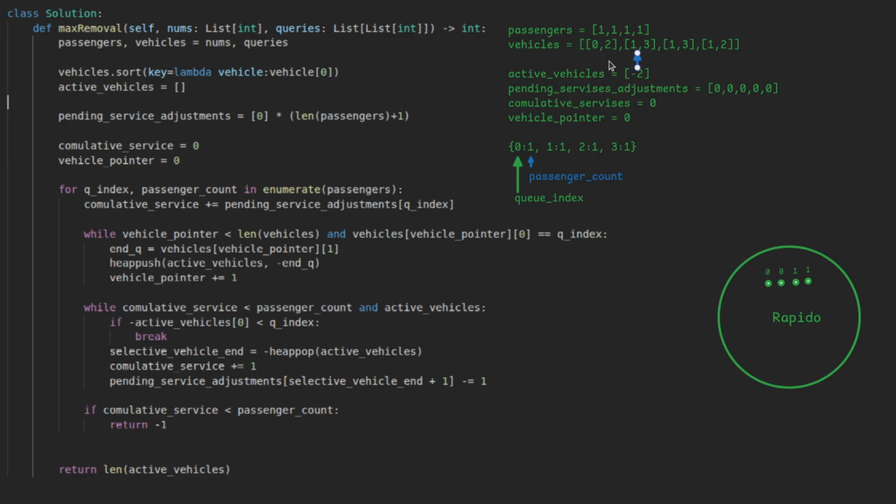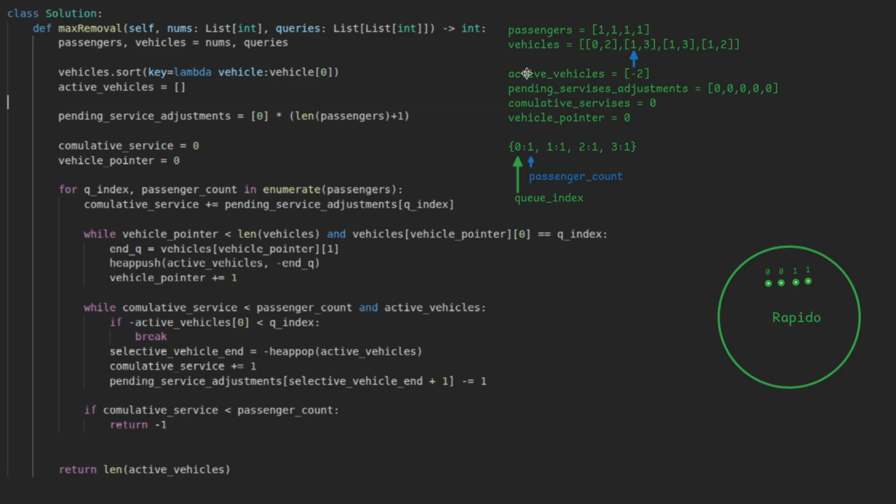Now I will say that my queue index is currently 0, so I will check if the starting of this vehicle is from sector 0. No, it's not from 0. So I will be saying that the available vehicles at sector 0 is just 1, that is 0 and 2, right?